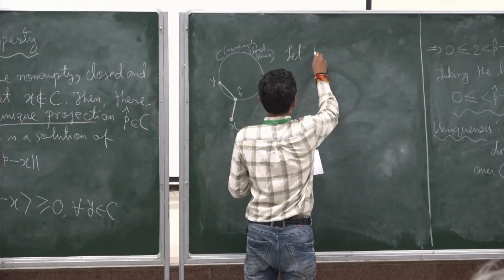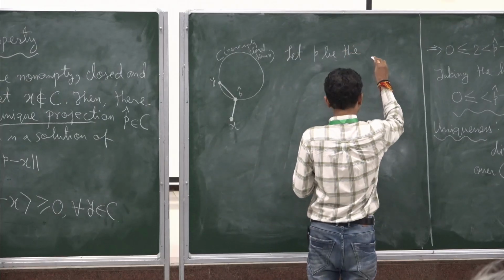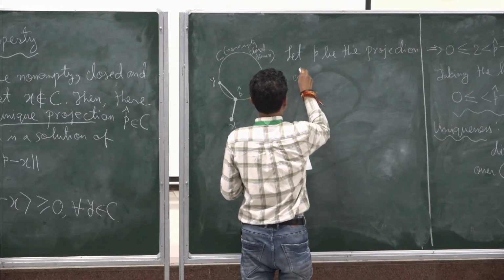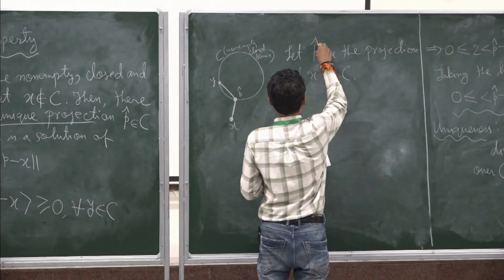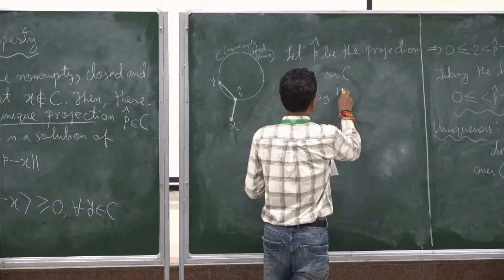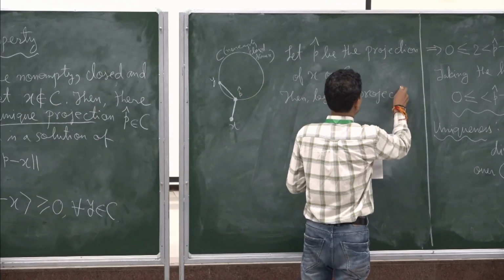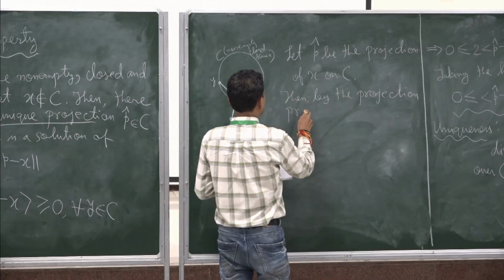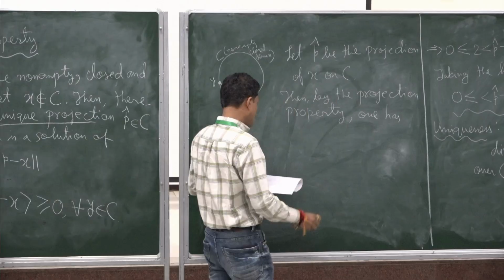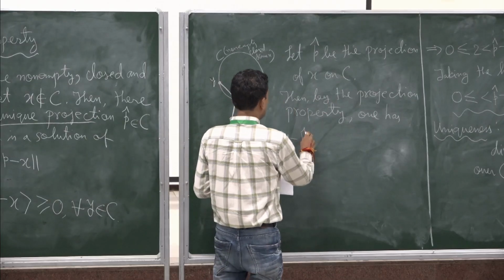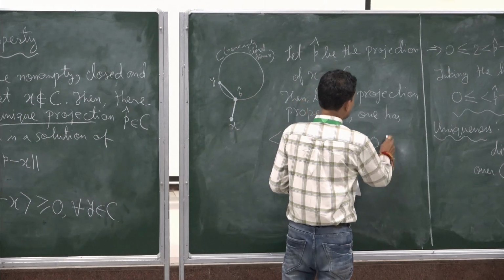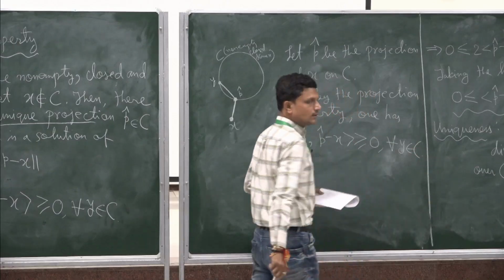So let p hat be the projection of x on C. Then by the projection property, we can write that the inner product of y minus p hat and p hat minus x is greater than or equal to 0 for every element y in C. That we have proved now.